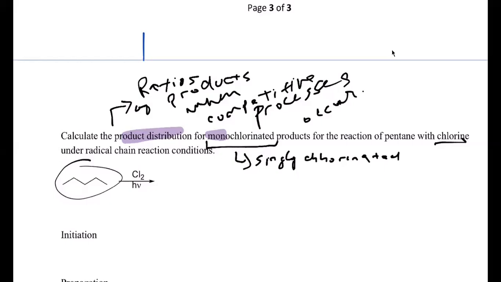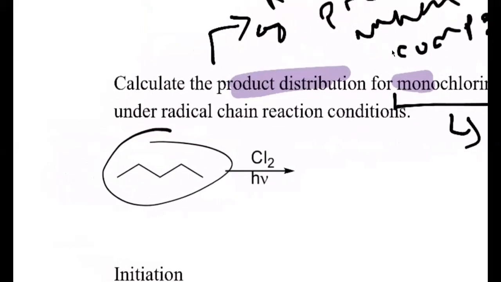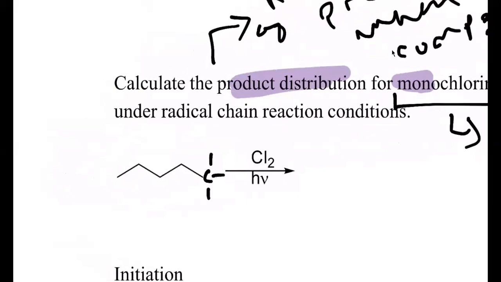So you have pentane. Let's draw out all the hydrogens on pentane because it's important when you're doing a radical mechanism. It's very important to understand where your hydrogens are because you need to know that to know what you're going to abstract. But it's also important to know what's the same and what's different.